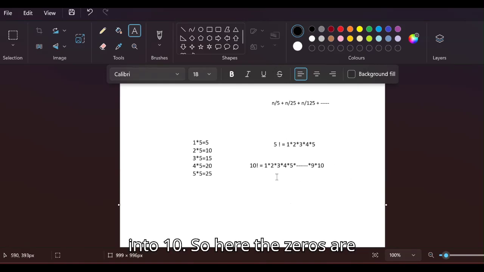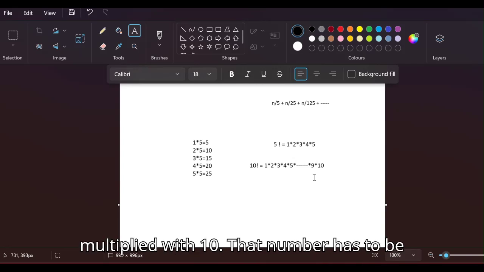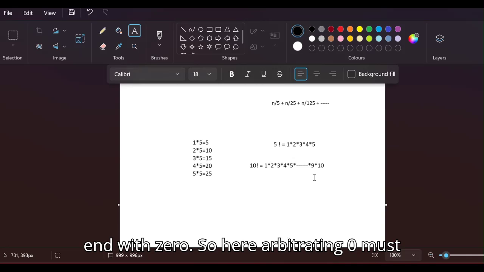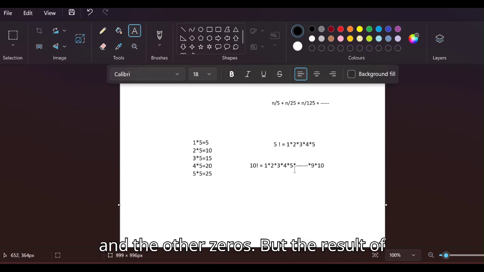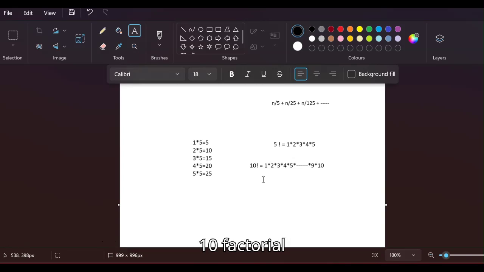Here 10 already has a trailing zero. If any number is multiplied with 10, that number has to end with 0. So our trailing zeros must have at least one 0.